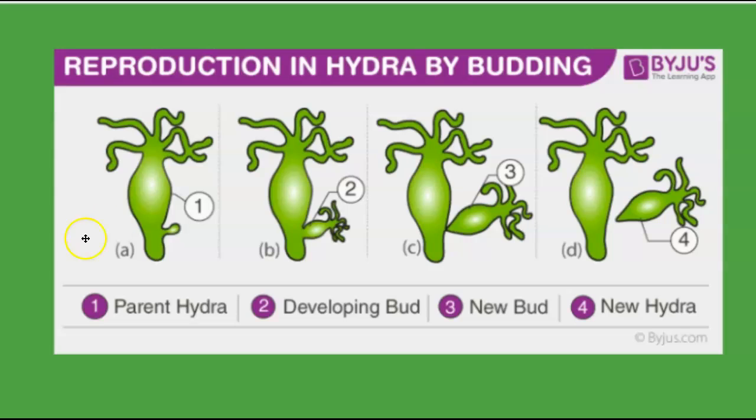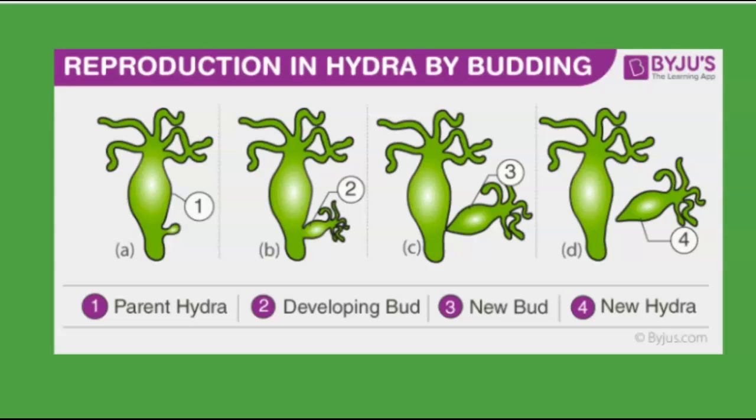What we're seeing here is the parent hydra is creating this bud on the side of it. The bud starts to develop. It's basically its own hydra here at this point, and then finally it splits off and becomes a totally new organism on its own. But it's also an exact replica of its parents.